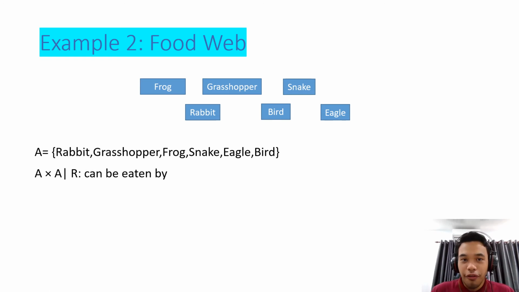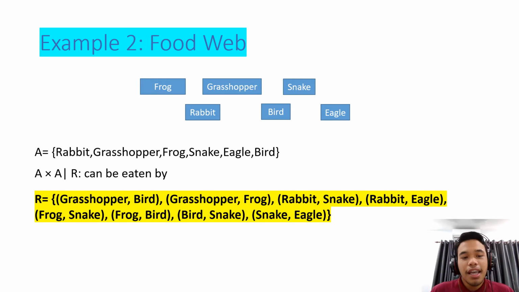Therefore, the relation on A times A is: grasshopper can be eaten by bird, grasshopper can be eaten by frog, rabbit can be eaten by snake, rabbit can be eaten by eagle, frog can be eaten by snake, frog can be eaten by bird, bird can be eaten by snake, and snake can be eaten by eagle.